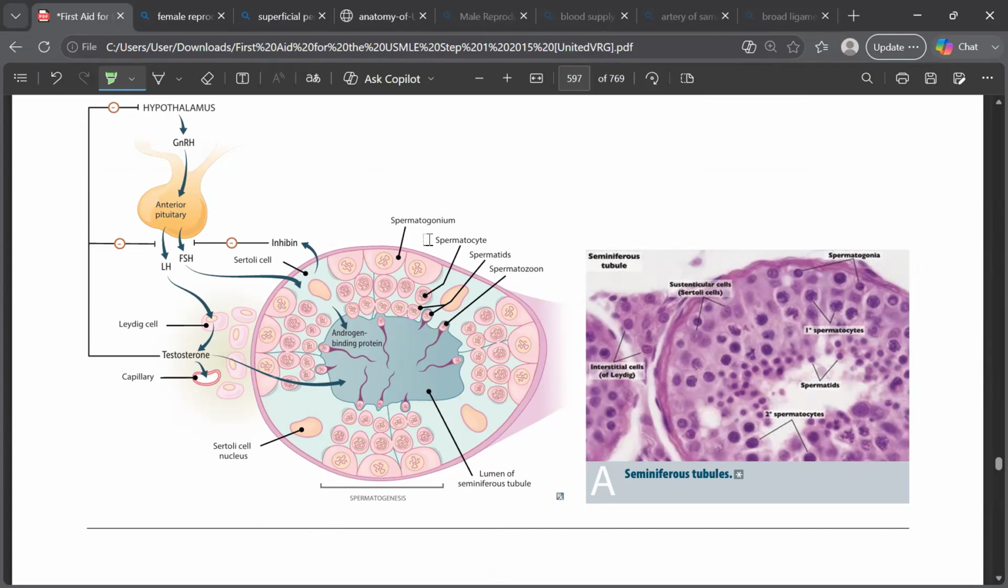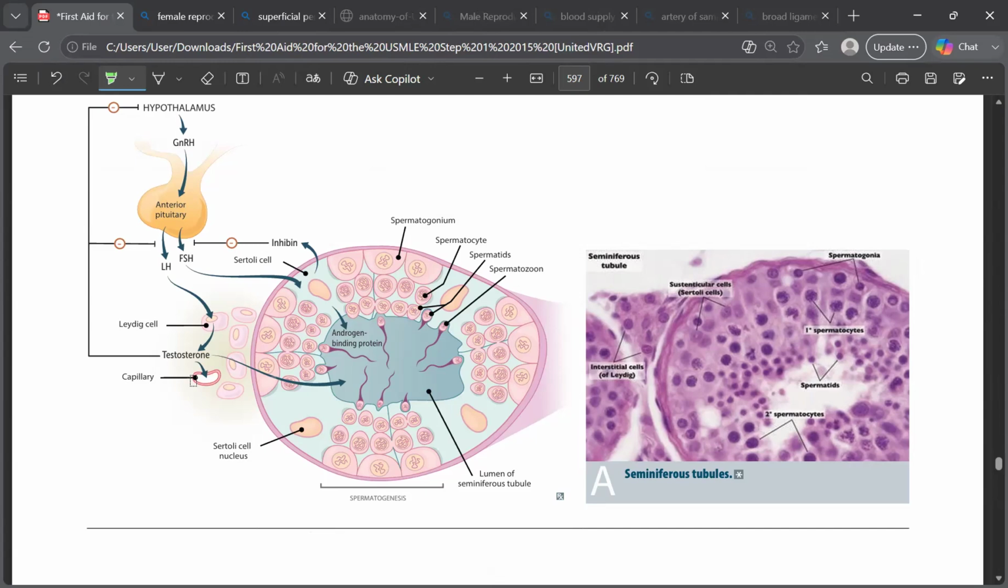This is spermatogonium. It goes from spermatogonium to spermatocyte to spermatids and then spermatozoon. This is the process of spermatogenesis happening here. This is a Sertoli cell nucleus, and these are androgen binding proteins. And that is a nucleus and that is a Sertoli cell, I'd say.